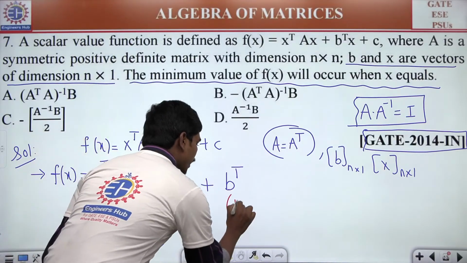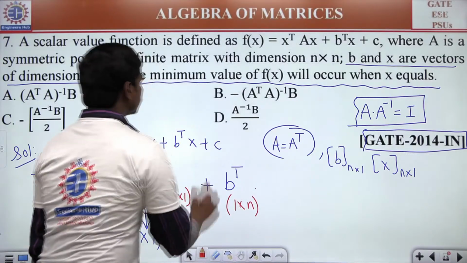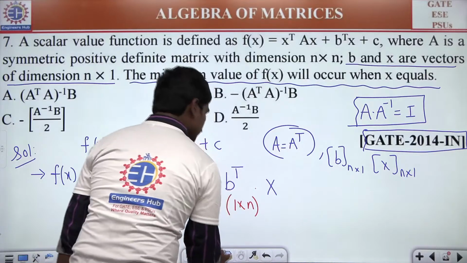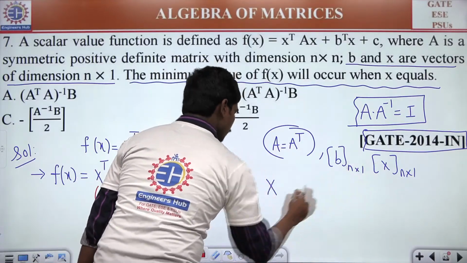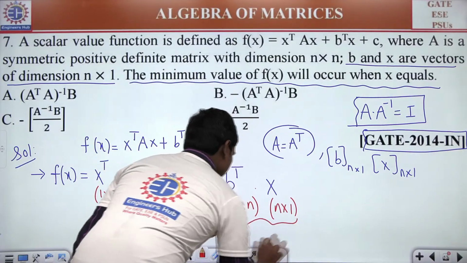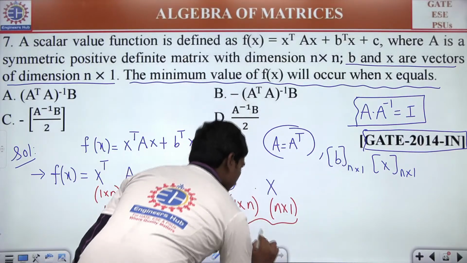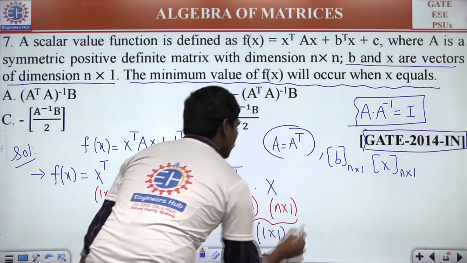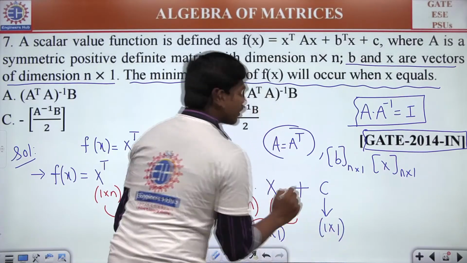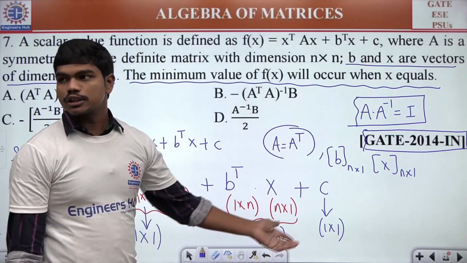It's again 1 by n, times x. This x is of size n by 1. So definitely when you multiply these two terms, again you will be getting a scalar. It's a 1 by 1 matrix. Plus you have of course a scalar c which is of order 1 by 1, correct? Because any scalar is nothing but a single row single column matrix.